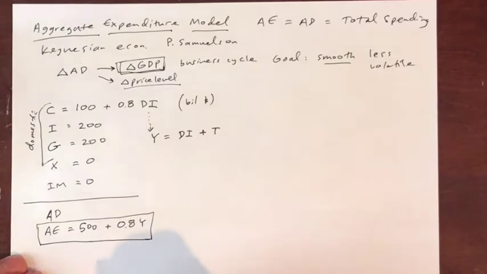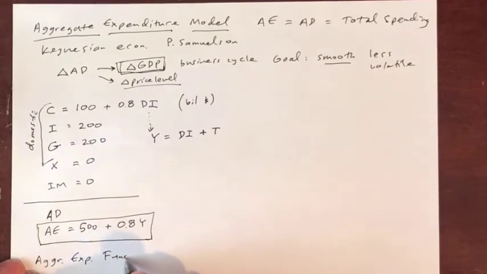We have a linear expression, and this is called the aggregate expenditure function: AE equals 500 plus 0.8 Y in this case.